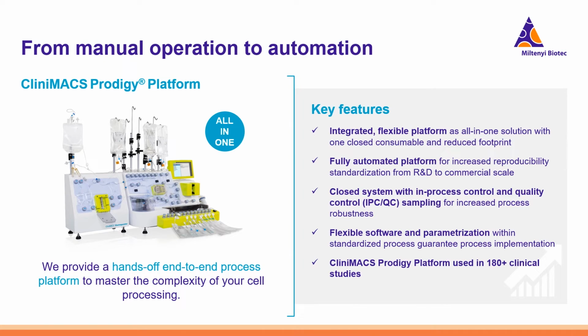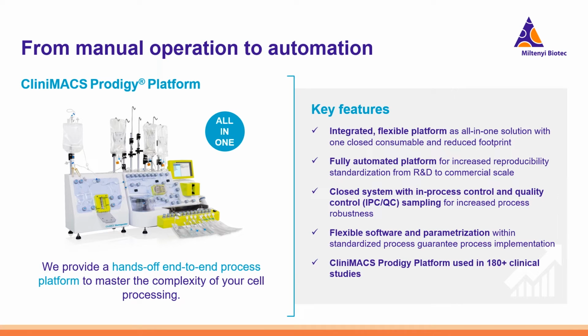Automating and closing manual steps makes manufacturing more scalable, robust, reliable, and consistent to enhance the product quality. Human error is frequently identified as one of the highest risk elements of the manufacturing process, leading to protocol deviations and batch failures.